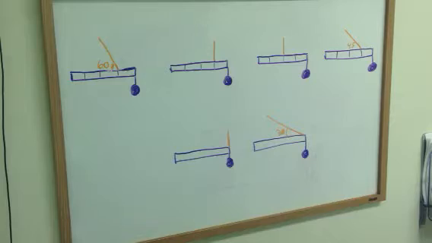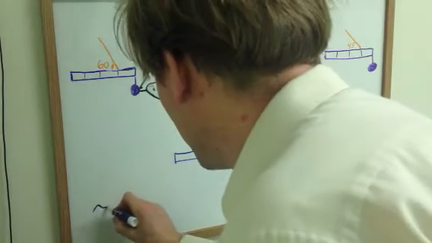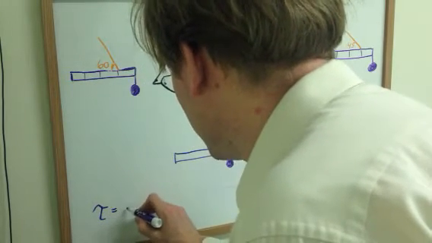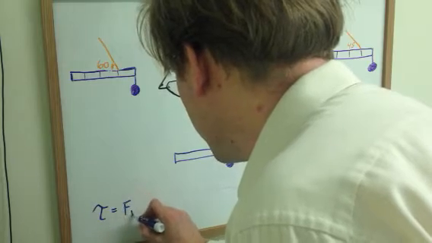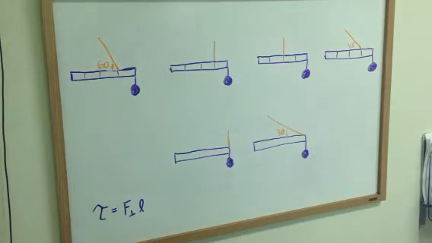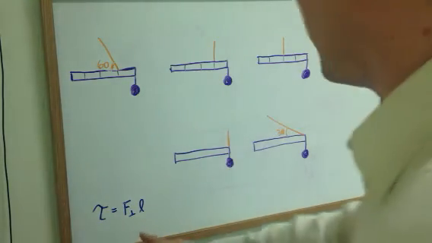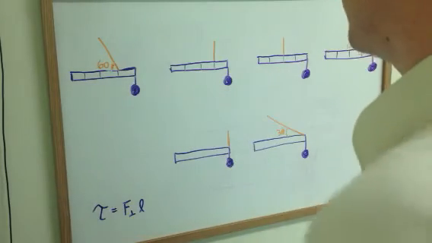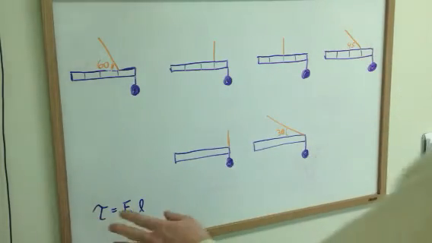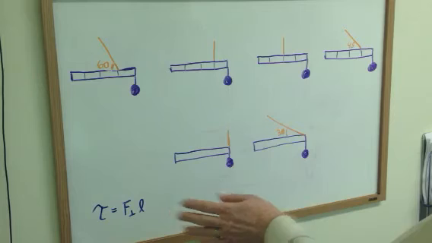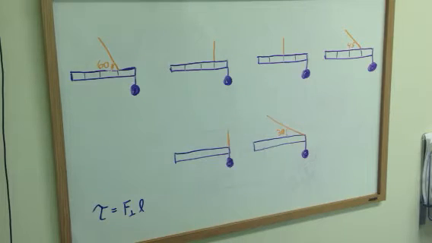So, remembering the definition of torque as equal to force perpendicular to a lever arm, and the force is caused by these tensions, where are the tensions greatest or least?